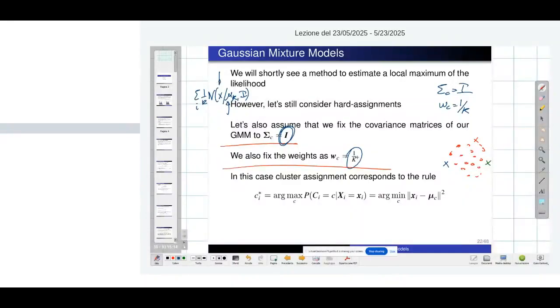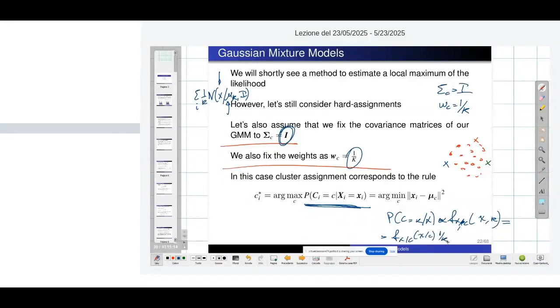We said already that cluster assignment corresponds to finding the maximum of the class posterior probability. But the posterior probability is proportional to the joint. So the maximum of the posterior is the maximum of the joint. The joint is the conditional times the prior.